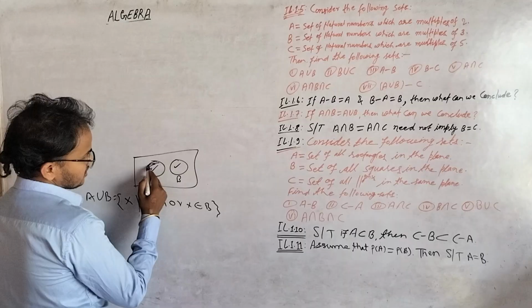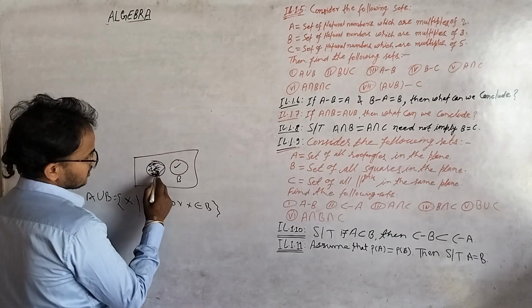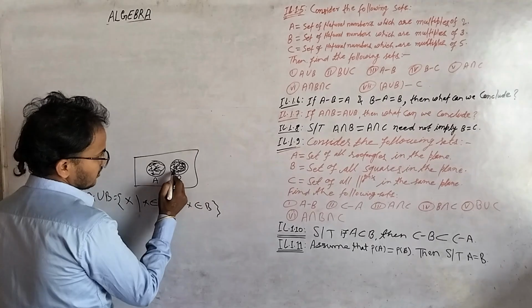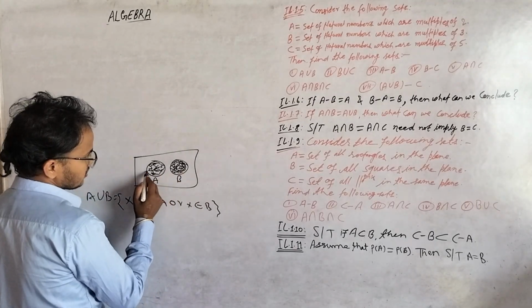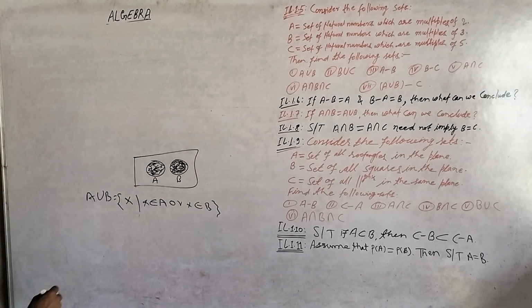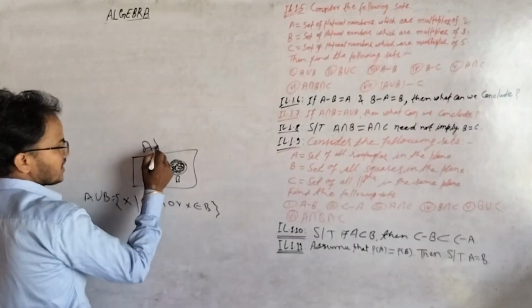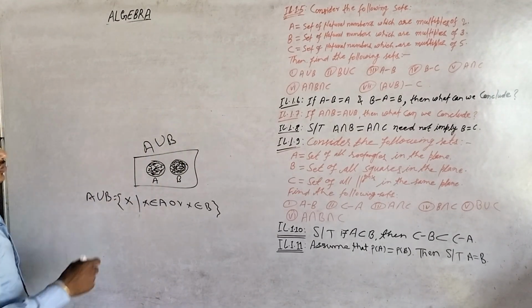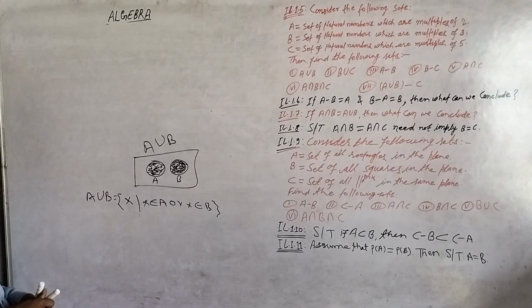Only these colored portions represent A union B.